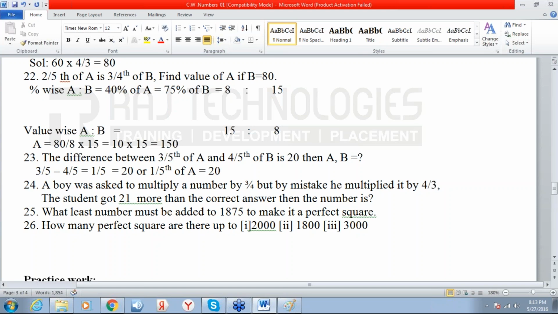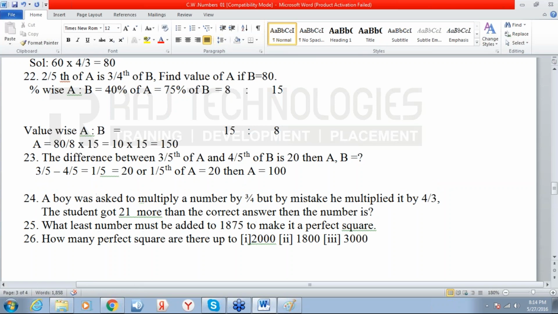So A is equal to 100. So what is 3/5 of A? 3/5 of A is 60. So 4/5 of B is 80.